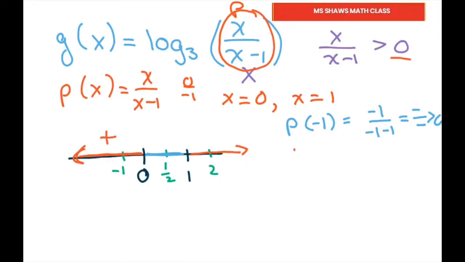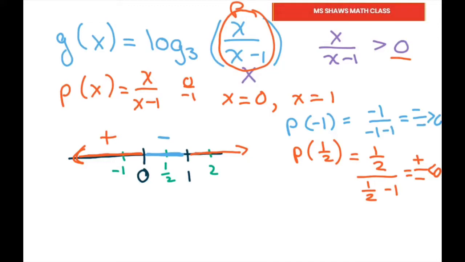Now let's test 1/2. You get 1/2 divided by 1/2 minus 1. You don't really have to do the math. You just know the numerator is positive and the denominator is negative, so that's going to be negative. So this part between 0 and 1 is negative. We have to discard that.